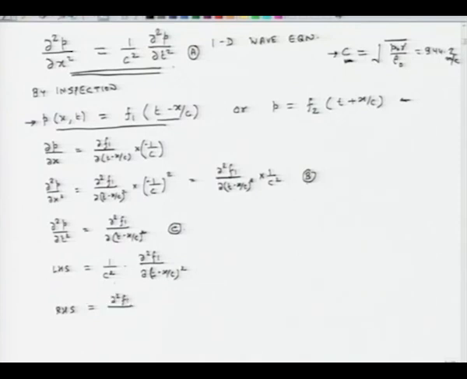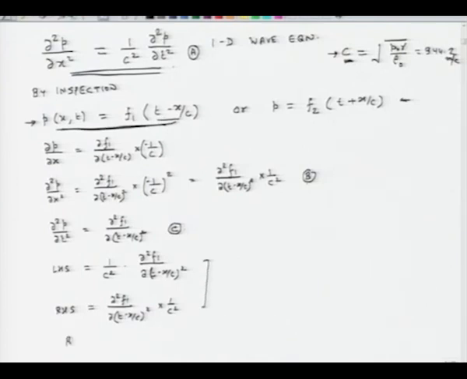The right hand side is 1 over c square times del 2 p over del t square, which is this thing, into 1 over c square. So once I plug B and C into equation A, which is the one dimensional wave equation for pressure, this particular function for pressure is satisfied.